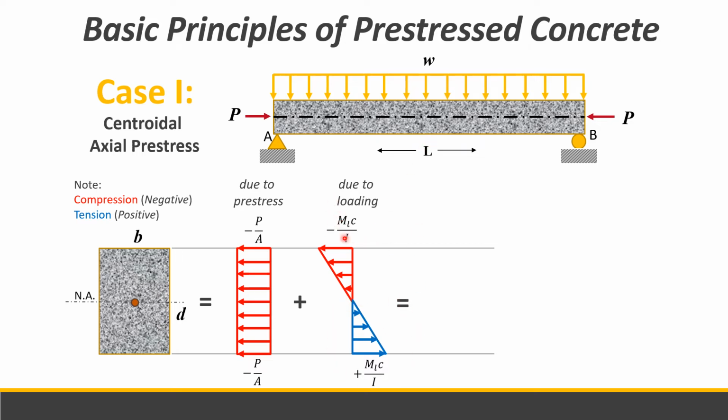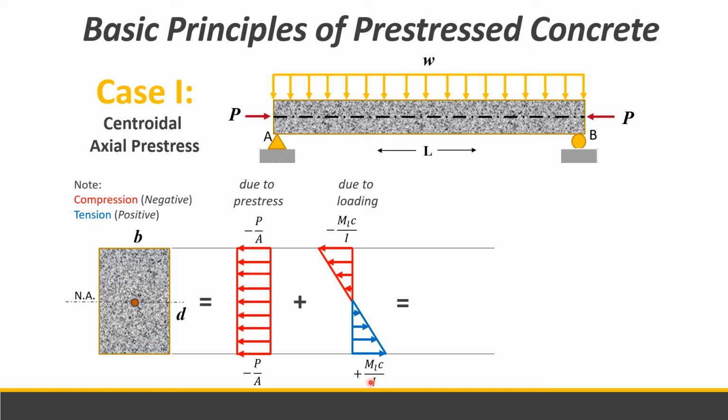That is M_L, or moment due to load, times C over I. That is the bending stress, or M over Z, where Z is the section modulus, which is I over C. But to keep our units simple, we will just denote it as MC over I. That is the bending stress due to the loading.